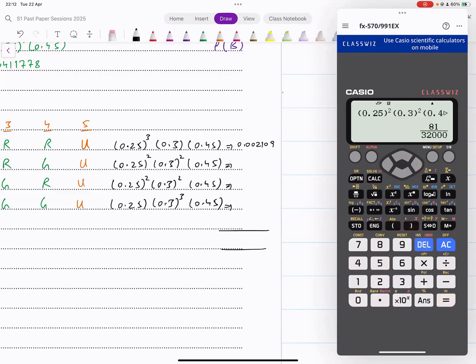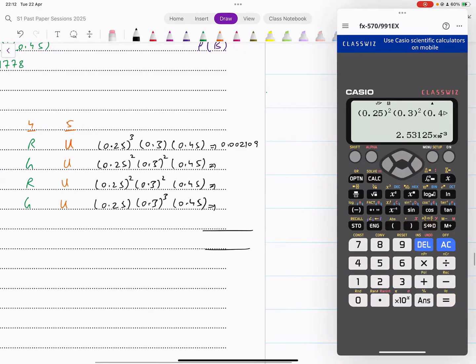That's the second case, turning out to be 0.002531. Now the next one is the same, because those are the same powers, 0.002531.